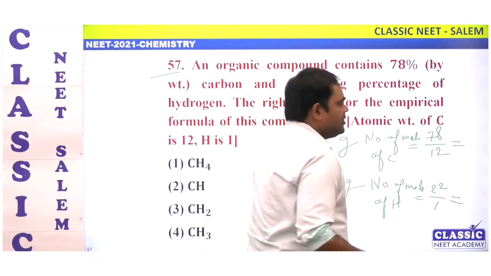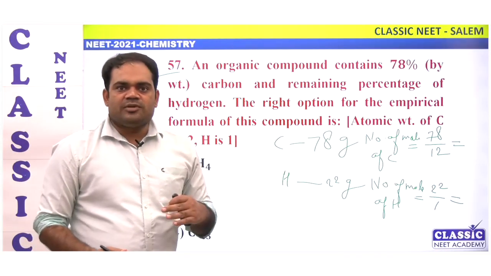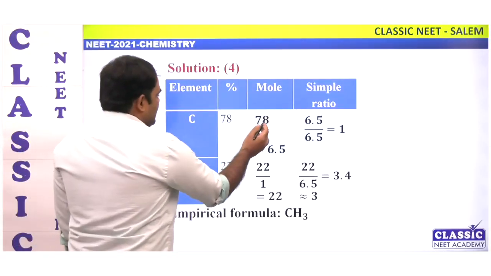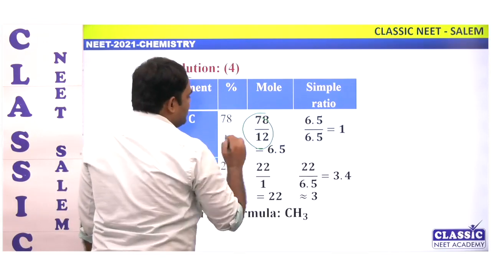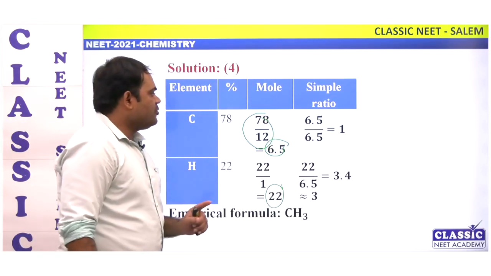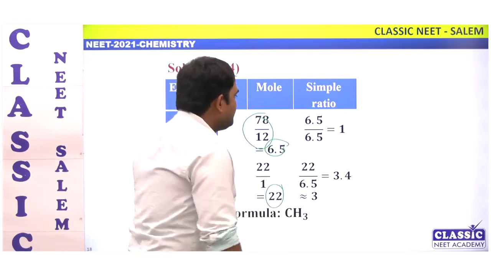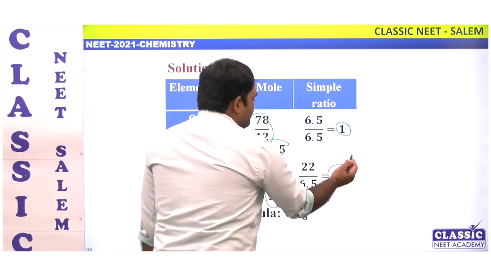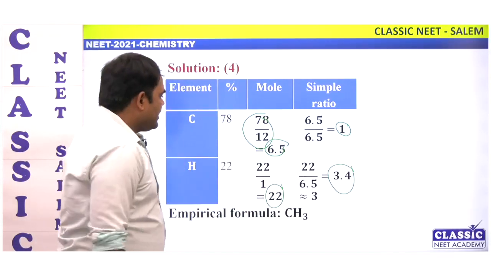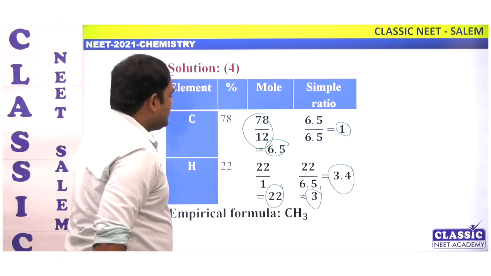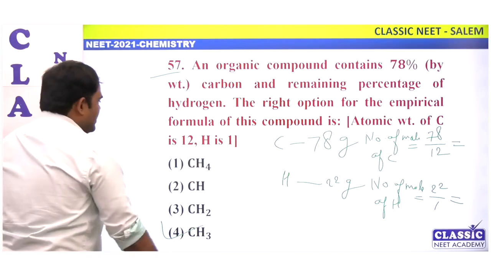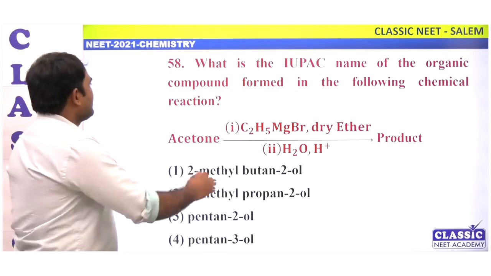After that, we check which one is the lowest value and divide all by it. So we are getting 6.5 and 22. 6.5 is the lowest, so we divide all by it. We get 1 and 3.4. Because 4 is less than 5, we can directly write 3. So what is our empirical formula? That is CH3. So the fourth one is the correct answer.